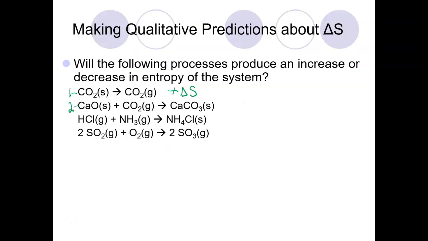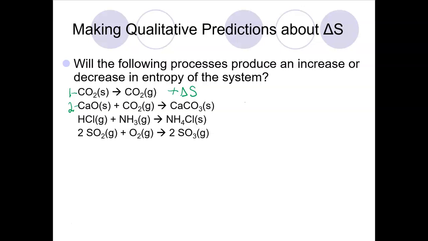CaO solid plus CO2 gas, arrow, CaCO3, calcium carbonate solid. Okay, so let's look at states of matter first. At the beginning, I have 1 solid and 1 gas, and at the end, I just have 1 solid. So, thinking about the sides of the arrow, the beginning, the solid and the gas, is going to be more disordered than the end. A couple of reasons. One of them is that there's a gas at the beginning and there's no gas at the end. But in the other scenario, aren't there 2 moles of chemicals?